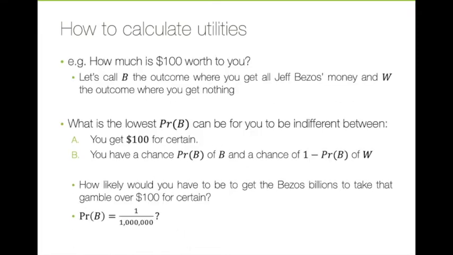Now that gamble might be a little bit confusing, so let's look at an example where we calculate the utility of a particular outcome using the choice between getting the outcome for certain and the gamble. So we're going to try to figure out what's the utility of getting $100. That tells us how much $100 is worth to you. And let's call B, the best outcome, the one where you have as much money as Jeff Bezos.